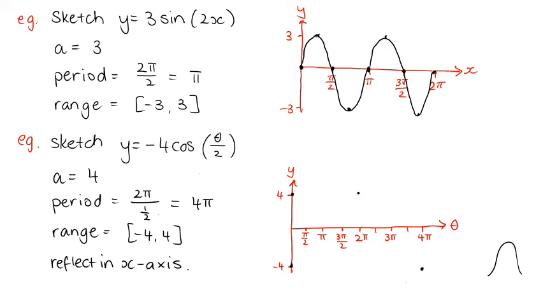And then it's going to go through the x-axis halfway between the start and the middle, which is pi and 3 pi. So then you just join them up. And there it is. Of course, you can make it keep going because there's no set interval in the question. Why is it like that?